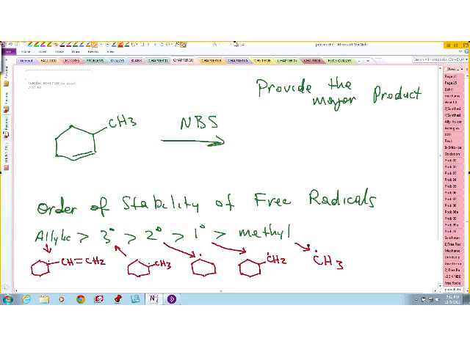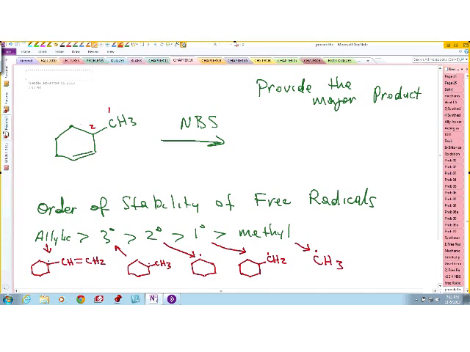So whenever a reaction is going to take place, the major product will come from the more stable or the most stable free radical. So therefore, if I give you this here, let me go ahead and number this.